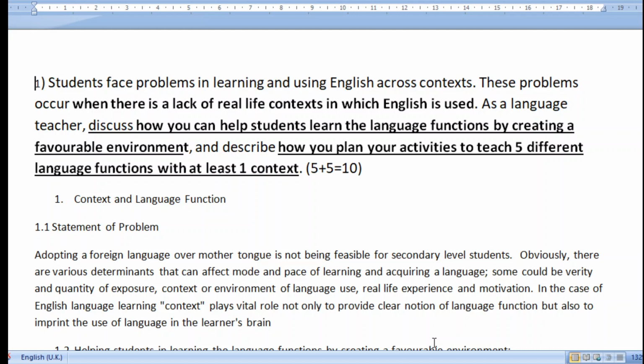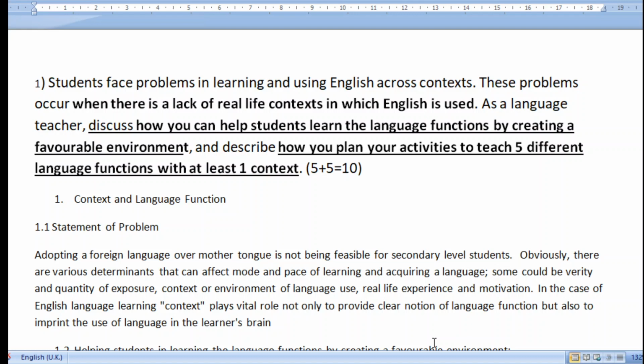First, while dealing with the questions, you have to read the questions in very much detail. So what is the question here? Students face problems in learning and using English across context.